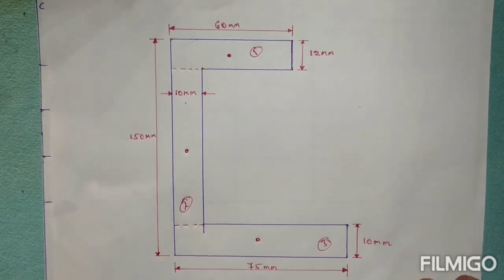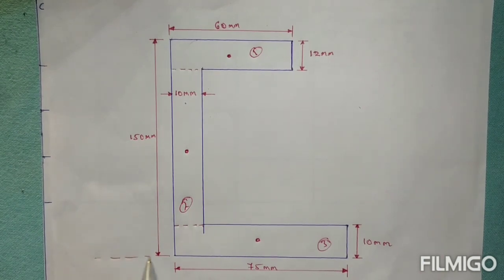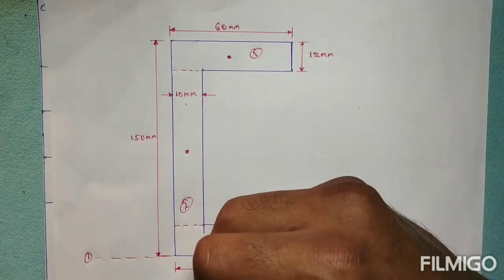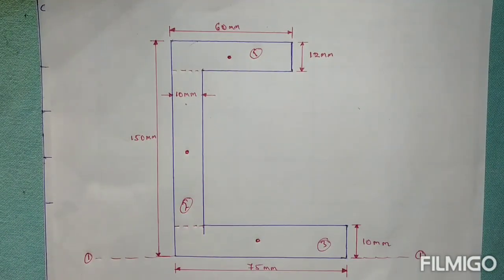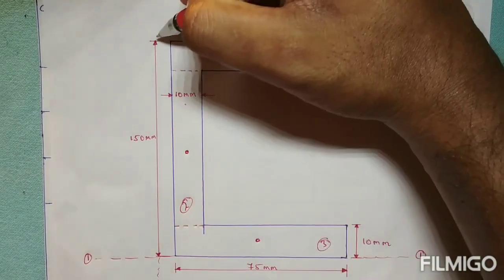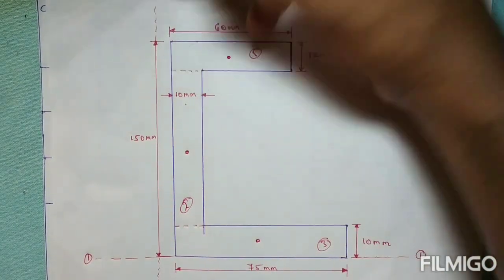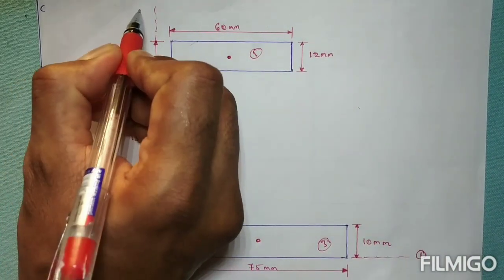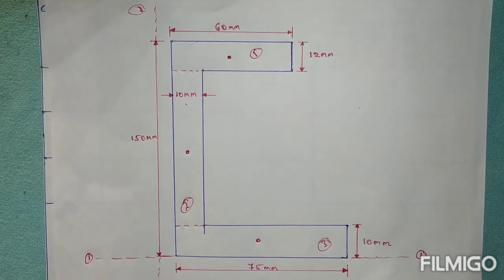One reference axis you have to take at the bottom, that will be 1-1. One more reference axis you have to take at the leftmost corner, that will be 2-2.